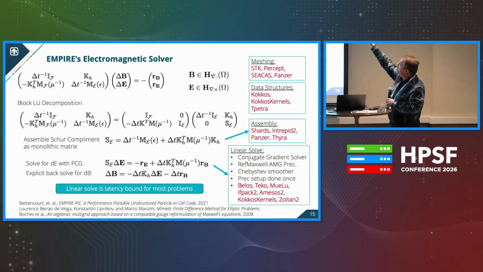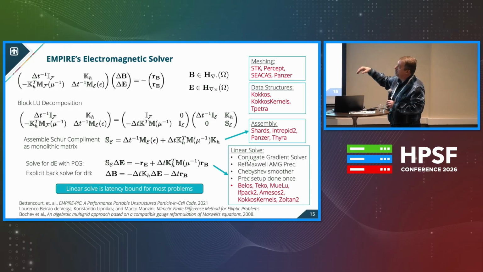So in terms of this, I've broken it down into packages. For meshing, we use STK, Percept, SEACAS, and Panzer. That gives us all the capabilities we need, including periodic boundary condition support, things of that nature. Our data structures, obviously, for on-node local, we use Kokkos and Kokkos Kernels. When we do parallel distributed, we go to Tpetra.